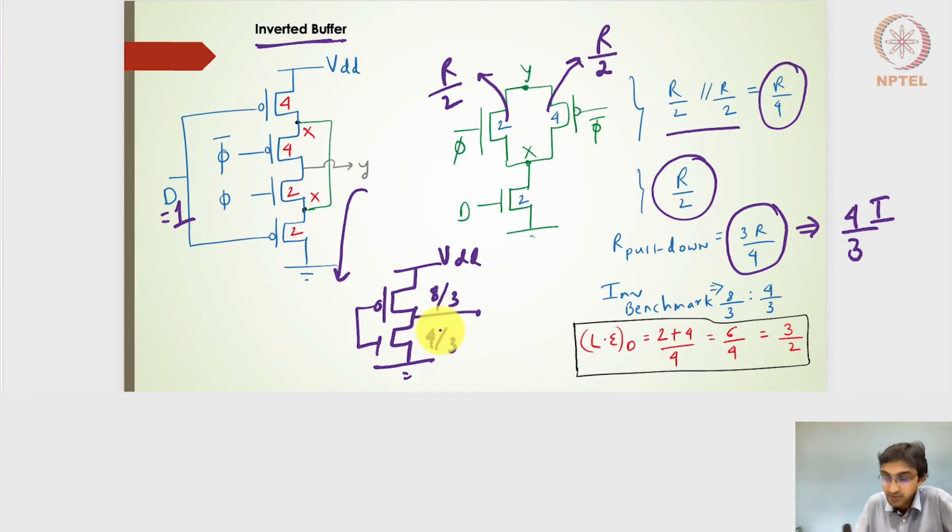Now for the D input, the logical effort is the input capacitance at the D input, 2 plus 4, divided by 8 by 3 plus 4 by 3, which is 12 by 3, which is 4. So I get the logical effort of the D signal as 3 by 2 in the inverted buffer design.